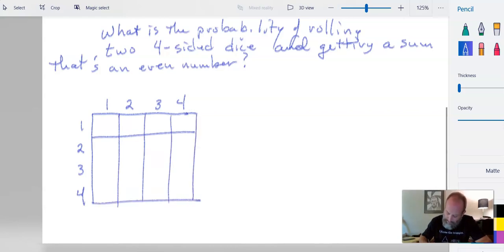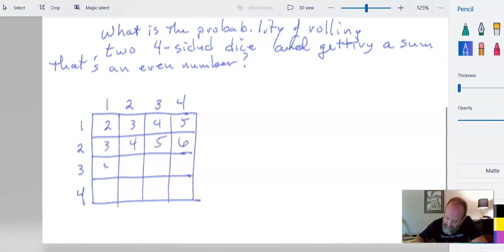They may not be the neatest boxes, but they're some of the finest things I can draw. Okay, so our sums, let's take a look at them. So I have 2, 3, 4, 5, and then 3, 4, 5, 6, and then 4, 5, 6, 7, and then 5, 6, 7, 8.